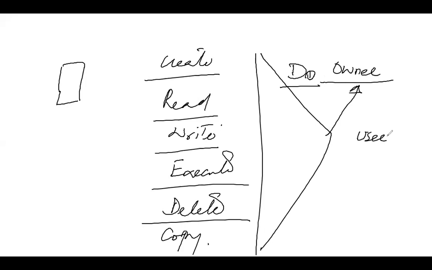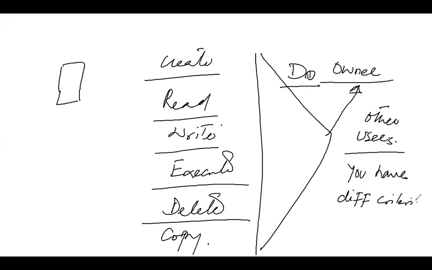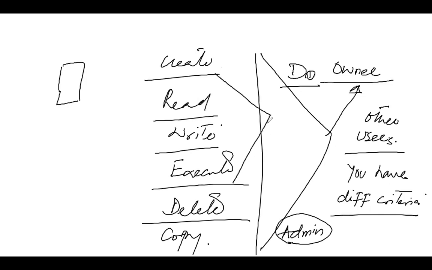But for other users, you have different criteria. For example, if you have a system admin, then the system admin may have the maximum rights over here. You may give the admin all these rights.